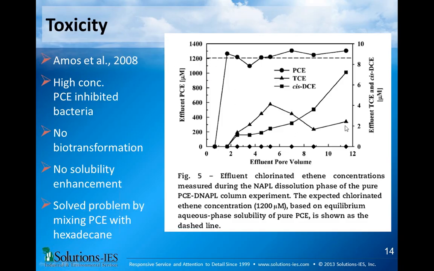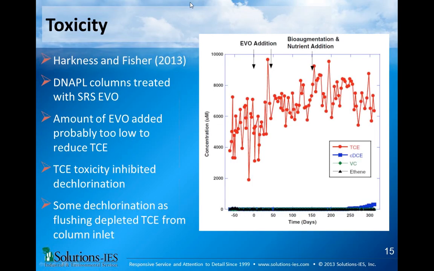And it'll take longer for them to grow up, they'll be inhibited, and then just the process takes longer to go. And you can see these numbers are quite a bit lower than some of the complete inhibition numbers. So at least based on their work, even a PCE concentration of 20% of solubility is going to slow the process. It's going to make it more difficult to get high bacterial numbers and really excellent decay rates.